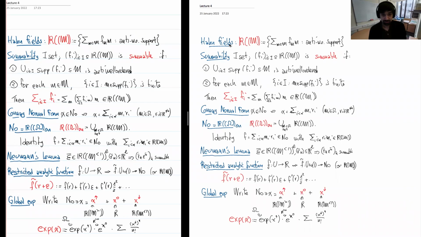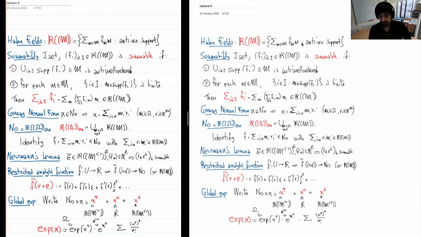We explained what Hahn fields were. So Hahn fields are sets of formal sums of coefficients in the real numbers, in this case, since we're just working with the real numbers, multiplied by monomials. And the monomials are in some given abelian ordered group.